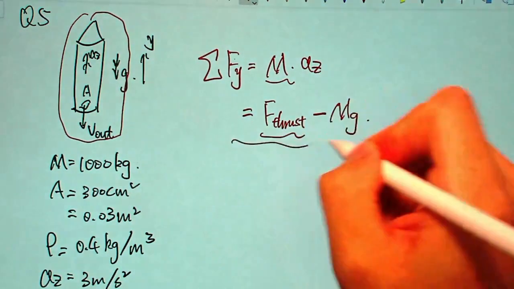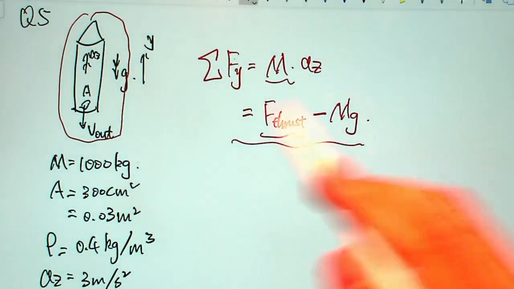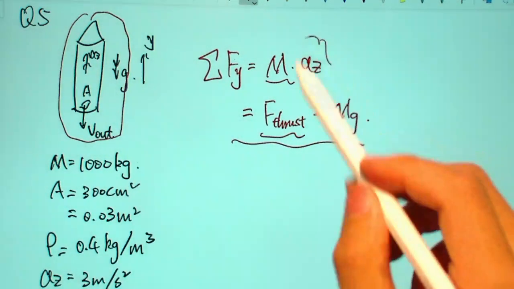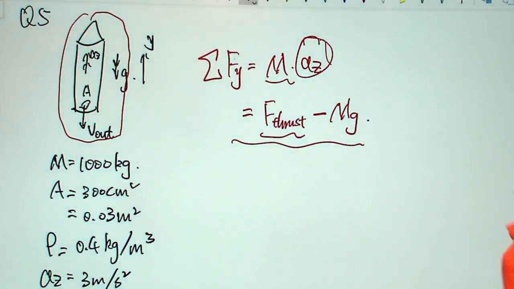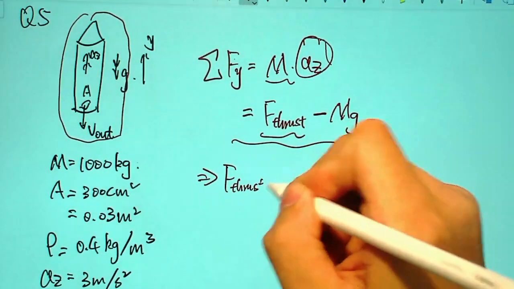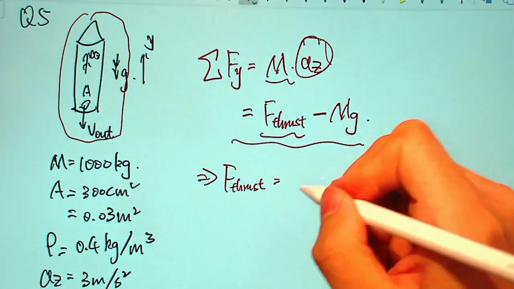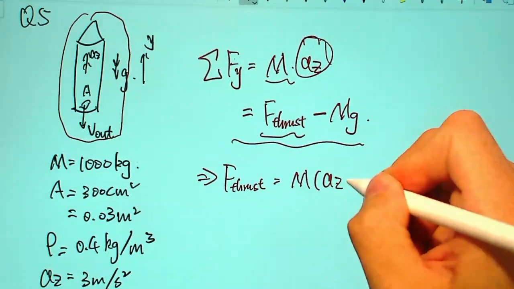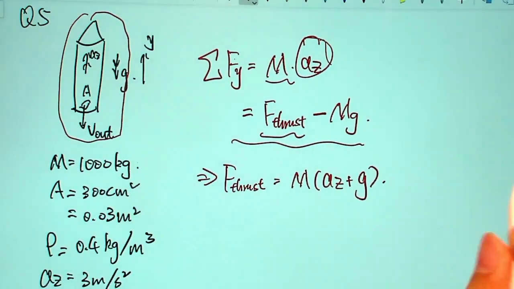This is the total force on the rocket that gives it an acceleration of az. So we can find the thrust as m times (az plus g).